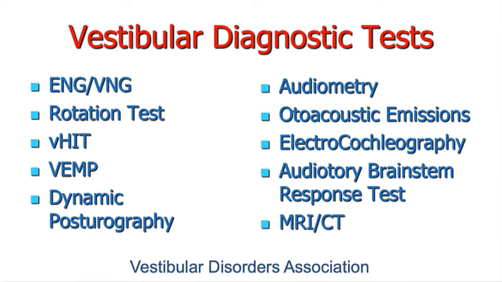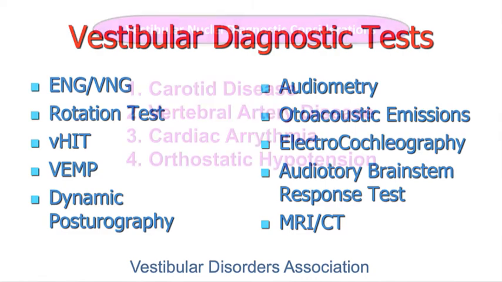Most of these involve a lot of technology, but again, they do not help us evaluate vestibular nuclei function and neuromuscular control of head and neck balance and trunk balance.